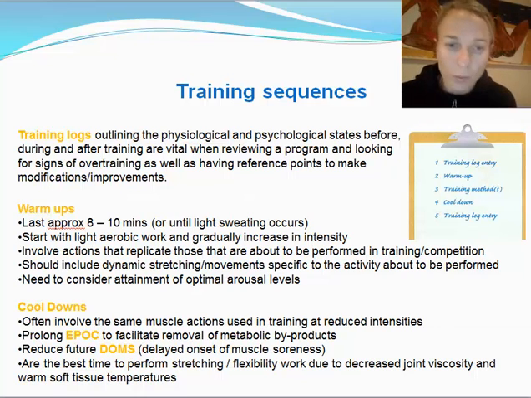It might include some water therapy, some contrast water therapy, some massage, clothing, and all of these things help to maximize your recovery, remove metabolic byproducts, and the cool down is arguably the best time to do some static or dynamic stretching to not leave those muscles tight, which can then cause injury and rubbing and things like that.